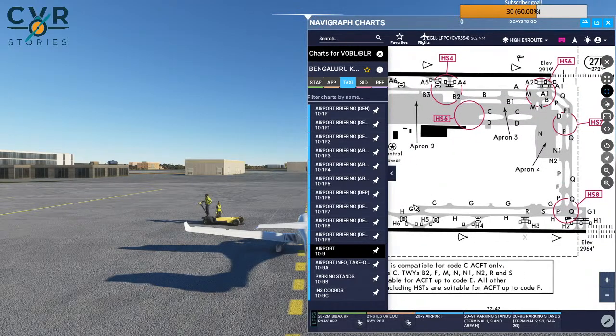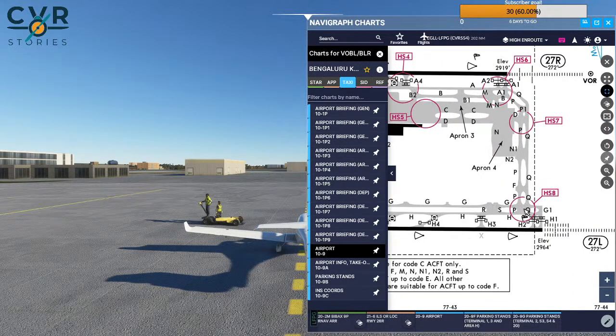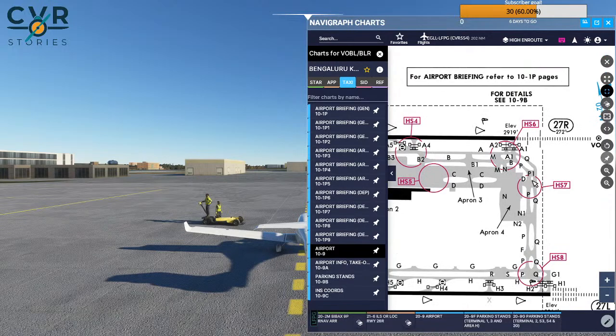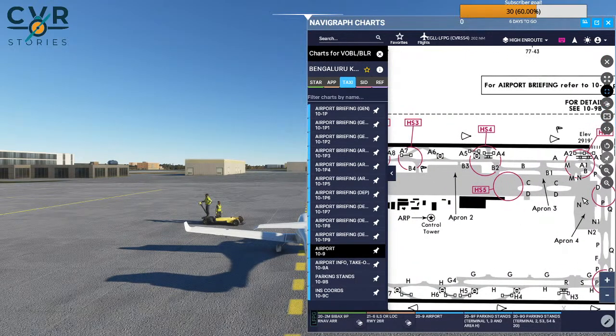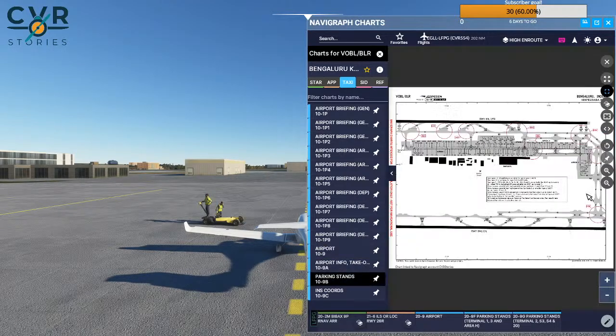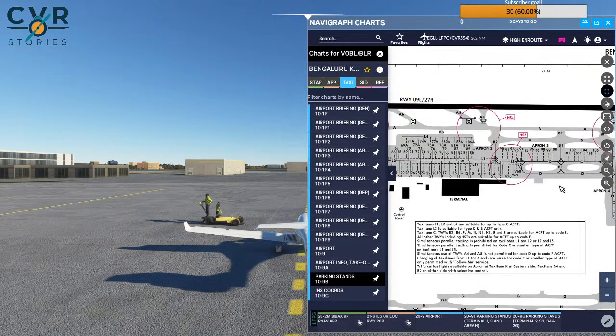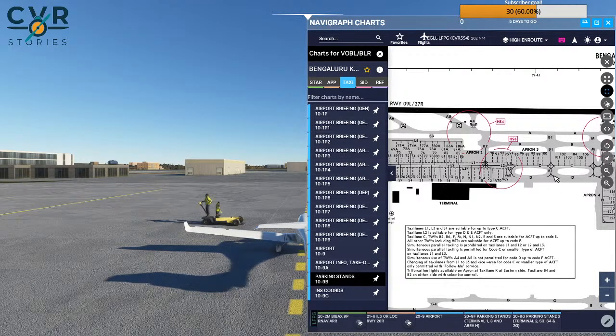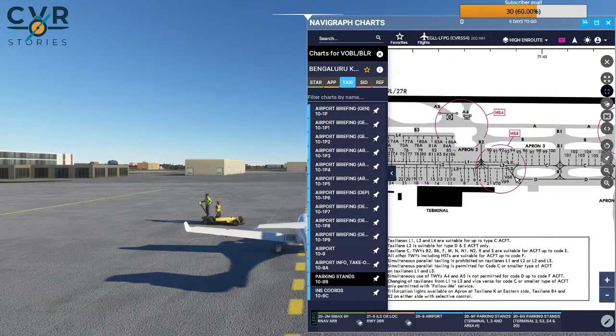From there on, they would guide you Golf, left on Papa, continue, left on Delta. From Delta, they could give you Bravo 1 Charlie, or you would continue on Delta. As you can see, from Delta there is a Bravo 1 connection, or you can continue on Delta and join Lima 3, Lima 2, Lima 1, whichever line you are assigned.